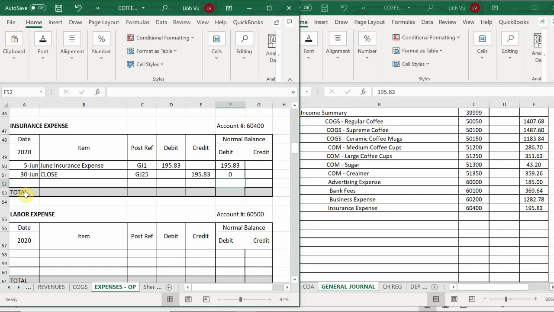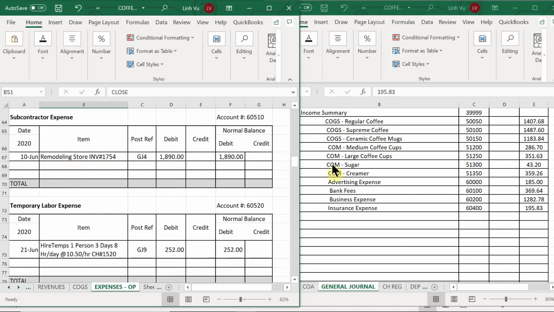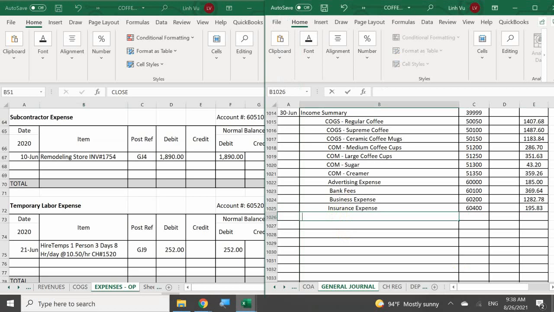Almost done, guys. Almost done. Next is going to be labor expense, which is broken down to subcontractor expense and temporary labor expense. So let's see, subcontractor, which is account number 6510.